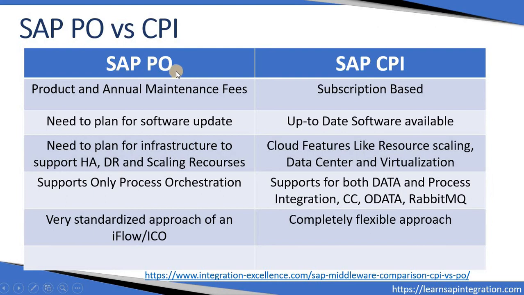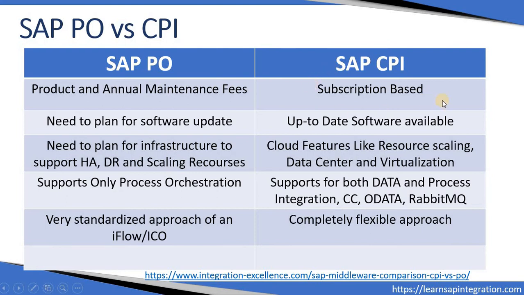What's the difference between PO and CPI? In PI and PO, both are annual maintenance. Earlier the fee was based on volume of data, and now it is total product cost. Once you buy it, you have to pay the total product cost and annual maintenance.